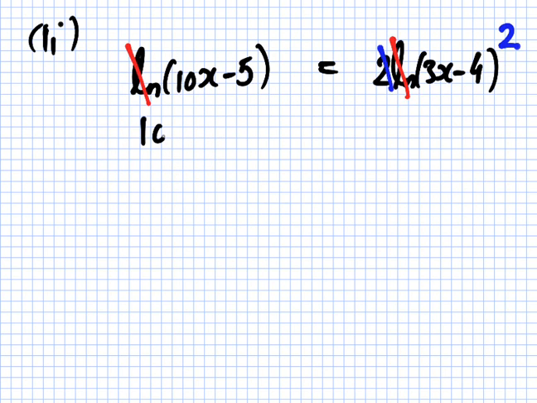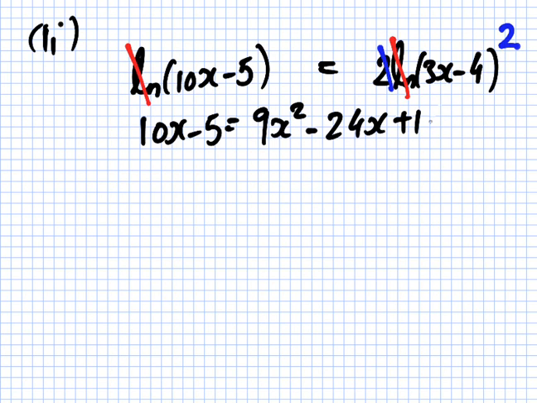On the left, there's nothing to do. On the right, we can expand: 9x squared minus 24x plus 16. This will be a quadratic. The quadratic is 9x squared minus 34x plus 21 equals 0.